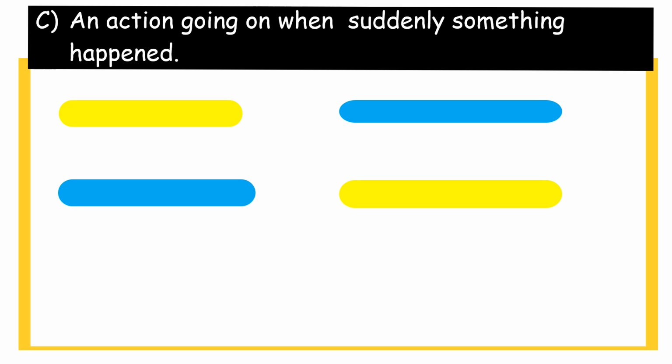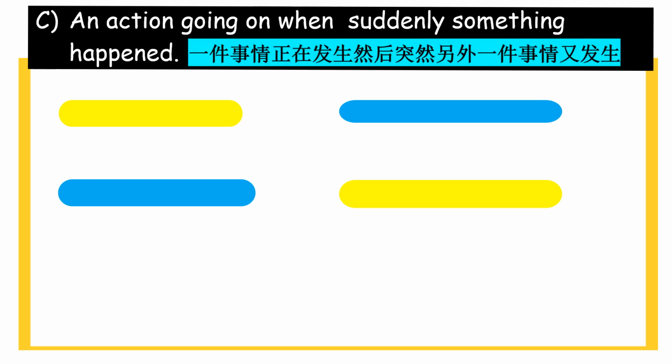An action going on 就是一个事情，一个动词正在发生，然后突然呢 when suddenly 就是突然间 something happened，另外一个事情又发生了。Copy this sentence first. Okay, the Chinese 一件事情正在发生，突然间另外一个事情又发生。Okay, what is the meaning? Maybe you cannot understand that well.